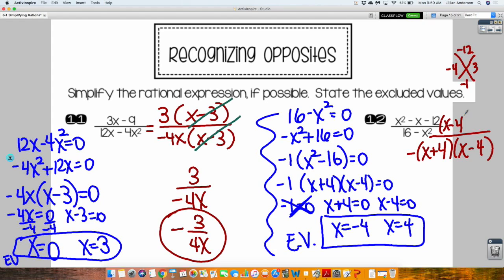So x minus 4, x plus 3. Anything cancel? The x minus 4s. That whole factor, x minus 4, goes away. So then I'm left with an x plus 3 and an x plus 4 with the negative 1 out in front, which really and truly just makes the entire fraction negative.